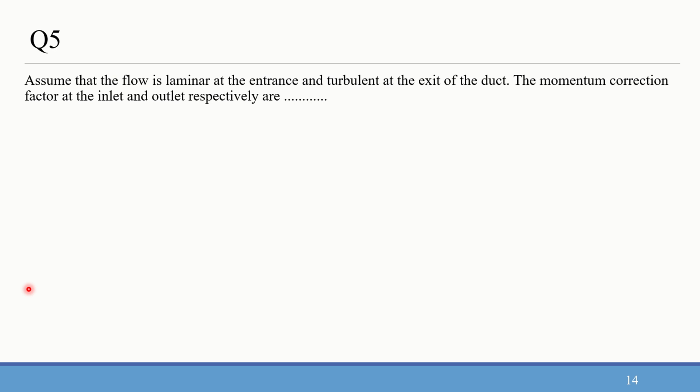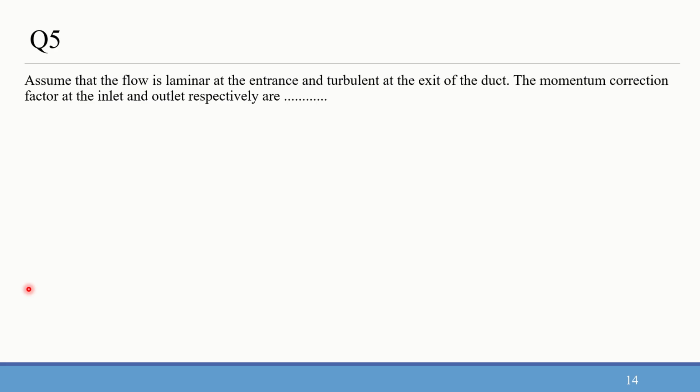So in the question we are asked to assume the flow is laminar at the inlet and turbulent at the outlet. So what will be the momentum correction factor at the inlet and outlet respectively? Here we can do the derivation and get the value, similar to how we got it before. There is a formula, right? The integral of (u by U) squared dA.